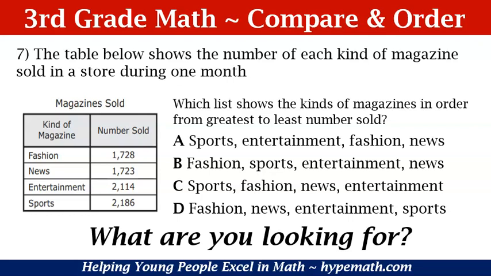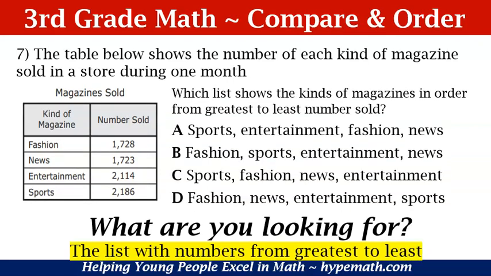So anytime you are looking at a problem, the first thing you need to ask yourself, what am I looking for, so that you can ensure you are getting the right information and doing whatever you need to in order to get the right answer. For this problem, we are looking for the list with numbers from greatest to least, okay? We are looking for the list of magazines that is from greatest to least.